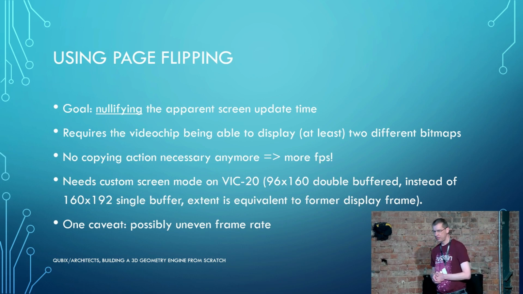There is one caveat, and I address this on this next slide. If there is a different CPU load, you might notice an uneven frame rate that's less apparent when you only have, say, 10 frames per second. But if you get in the region of the update rate of the display itself, it becomes quite apparent.